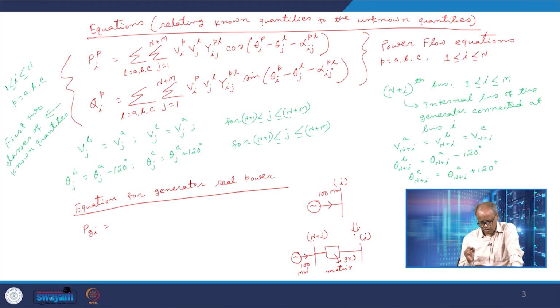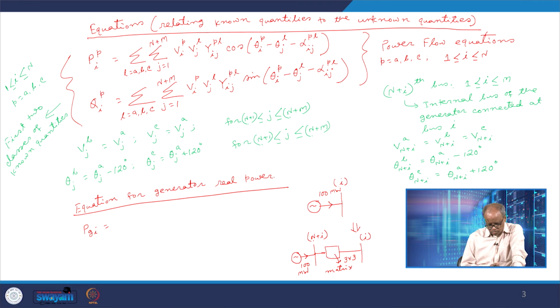So for our calculation, when I say that any particular generator is generating say 100 megawatt, what we are saying is that this generator is now shifted to the internal bus, and the total generator is now at the internal bus.